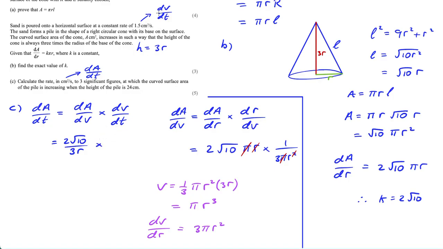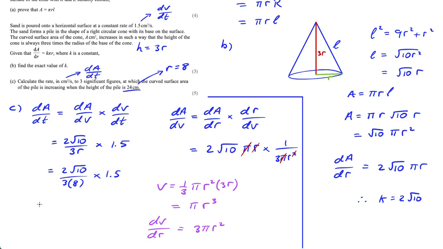dV/dt is 1.5. The only thing I haven't used yet, guys, is when the height is 24. So when the height is 24, the radius is 8, because it's just 1/3 of this. So this becomes 2 root 10 over 3 times 8, which is actually 24, but let's just put it in 3 times 8, times 1.5.